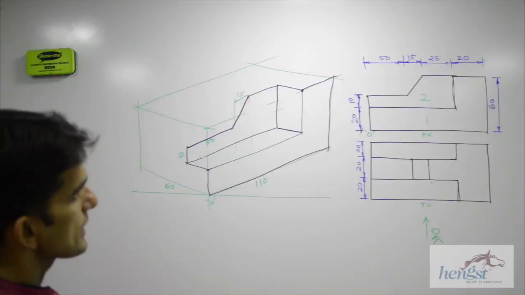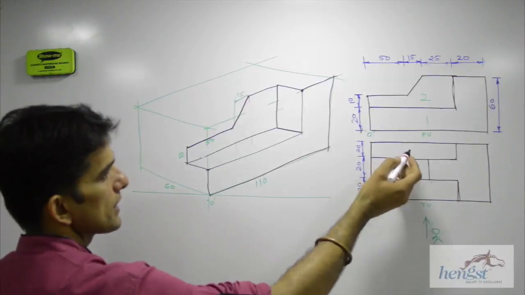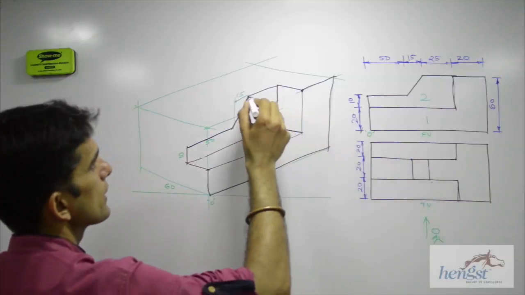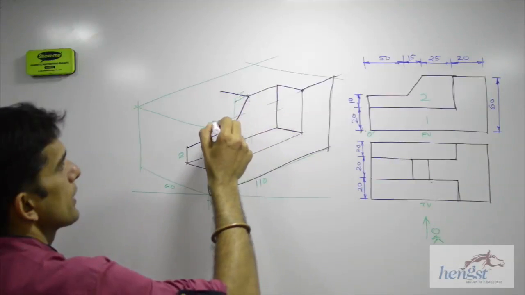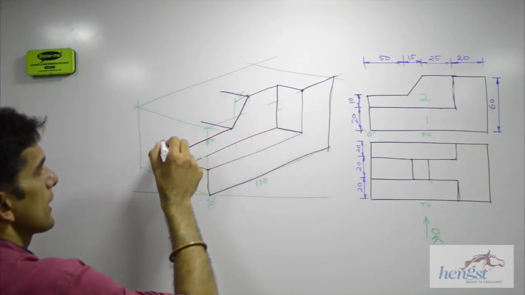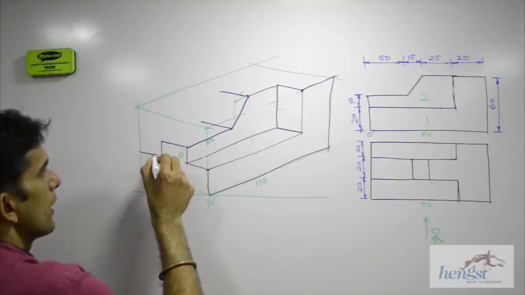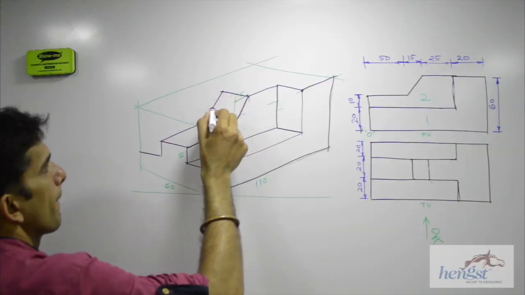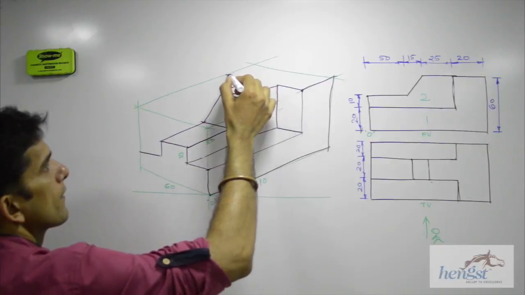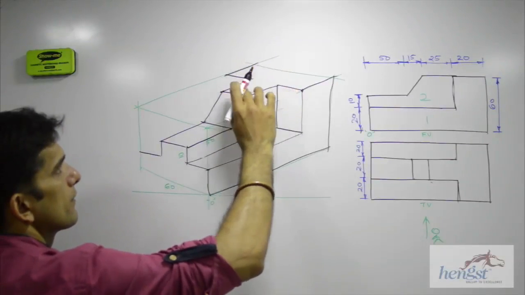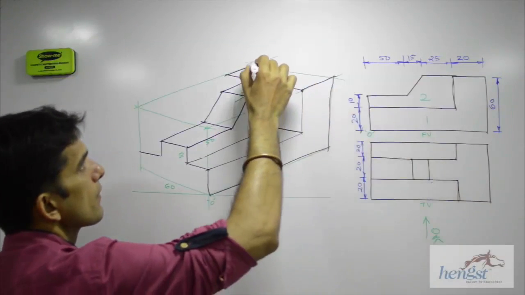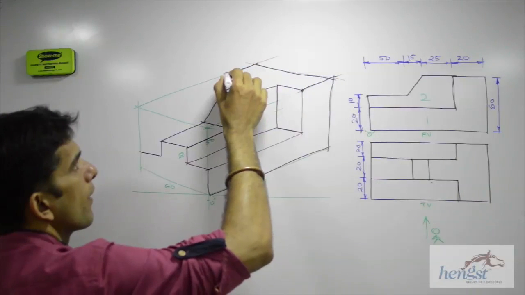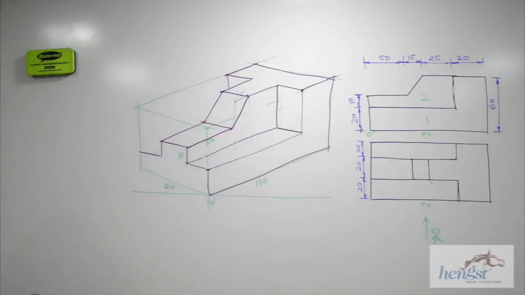Now, whatever is there in front, the same thing is behind. How much do I have to go behind? 20. So I can take this point behind by 20, this point behind by 20, this point behind by 20, and we'll draw this. See this T portion, vertical line.